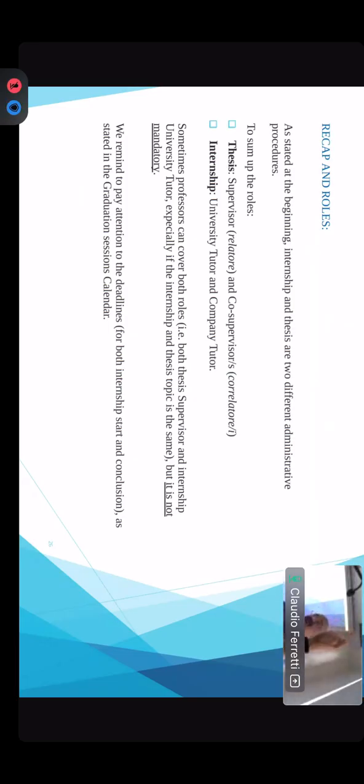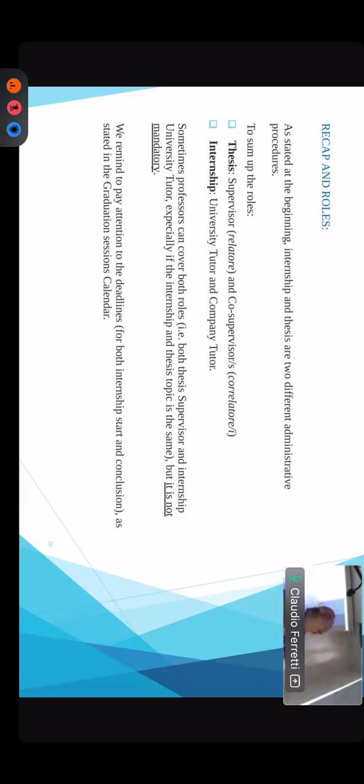For instance, some students are mistaken when they think that the professor being the university tutor during the internship will automatically suggest a thesis and follow the student for the thesis. This is not automatic. The student has to find the personal availability of the supervisor for the thesis with the corresponding topic.